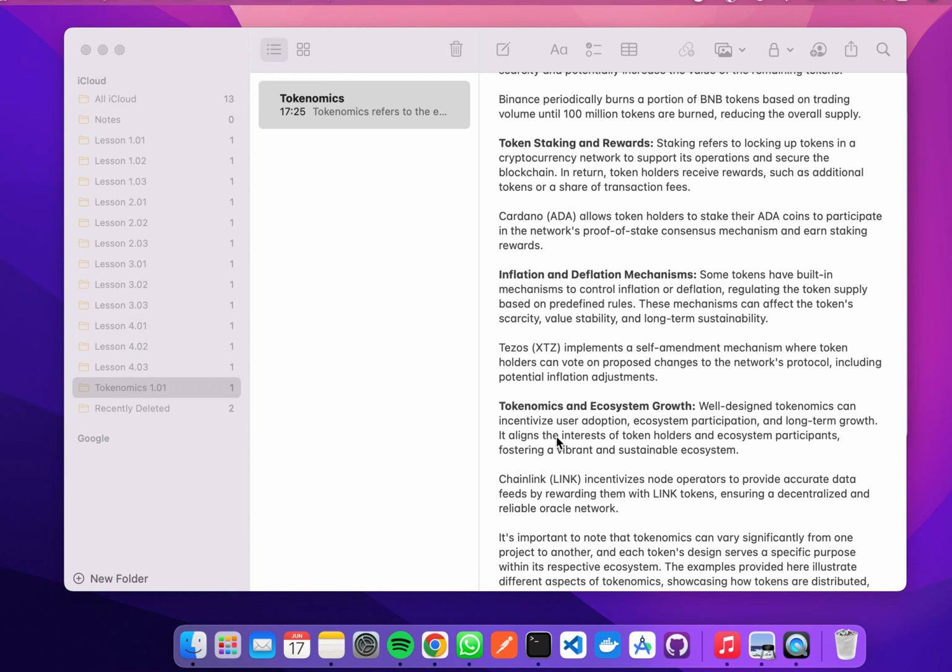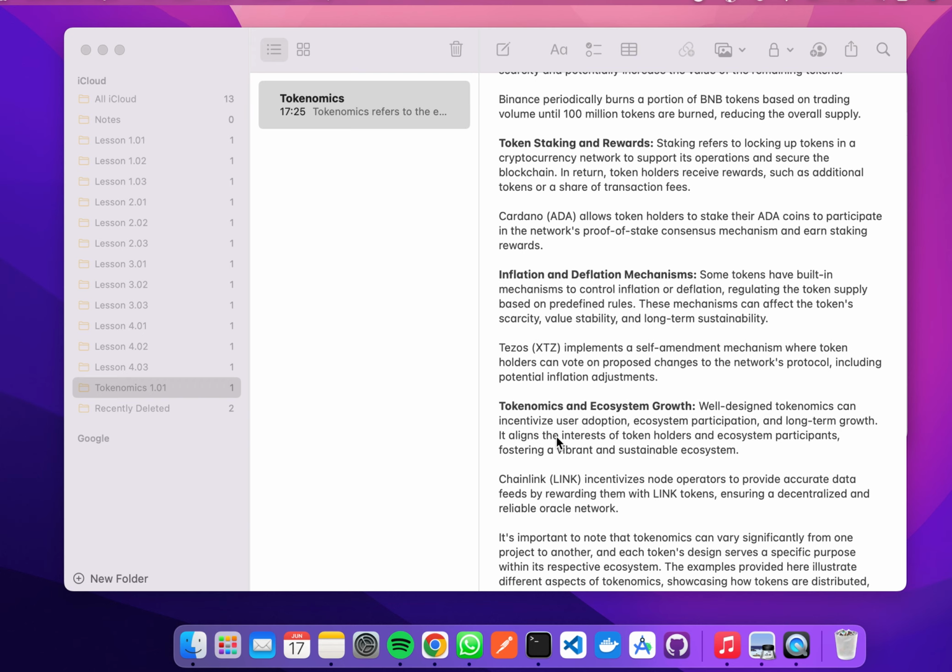In the case of Chainlink or Link, it incentivizes node operators to provide accurate data. You remember on our first lesson, we talked about what nodes are when we gave an example of Bitcoin, where blockchain runs on nodes that are running on different computers all over the world.